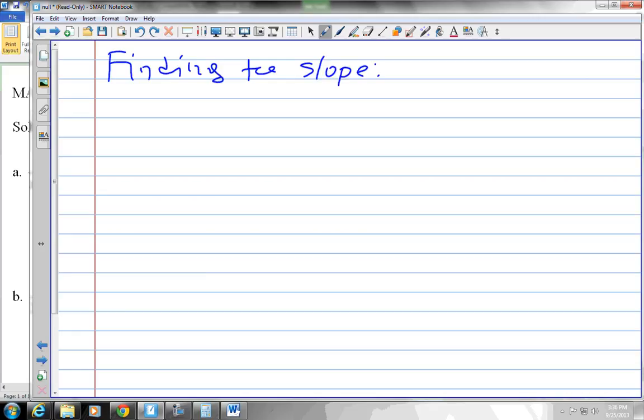So if I give you 2 points, for example, (3, 2) and (4, -2), we can find the slope of a line that passes through those 2 points without too many problems. So we do change in y over change in x, so that's -2 minus 2 over 4 minus 3, right? So that is -4.